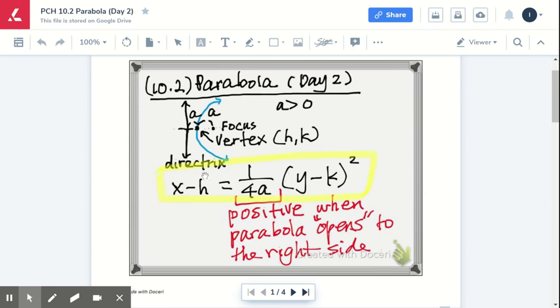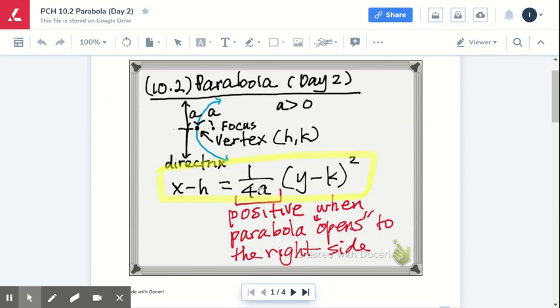So it's basically a parabola that is turned on its side. So instead of y is equal to x squared, we need to write it as x is equal to y squared. The format of the formulas is the same. We just have x on the left side: x minus h is equal to 1 over 4a, where a is the positive distance between the focus and the vertex, or the directrix and the vertex, times y minus k, quantity squared.